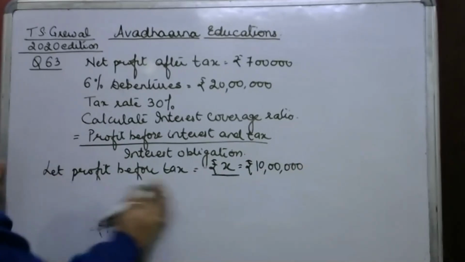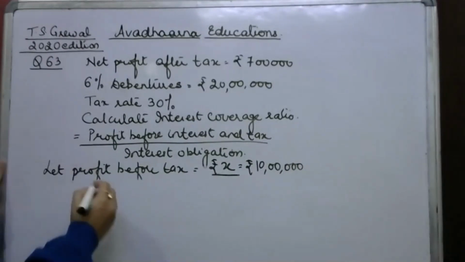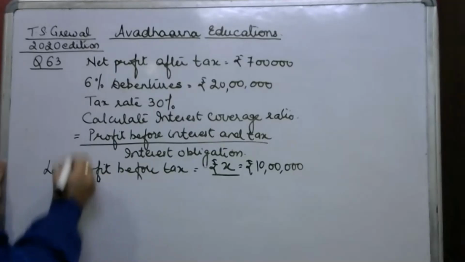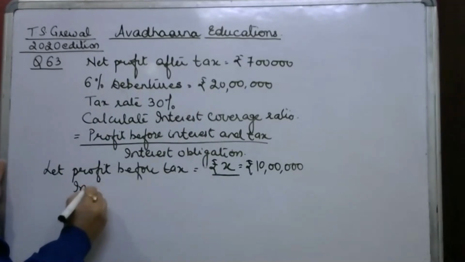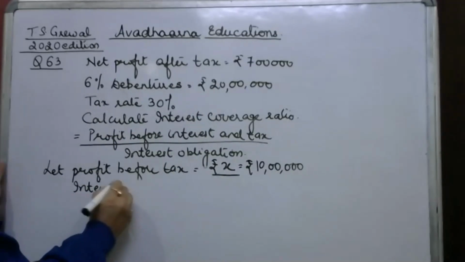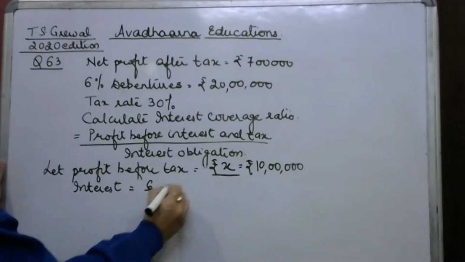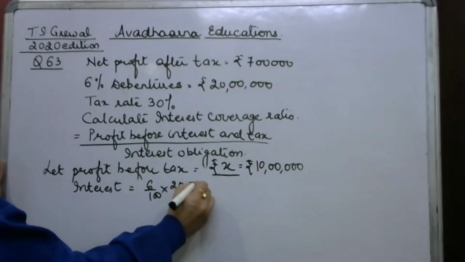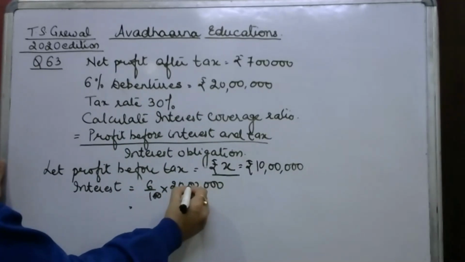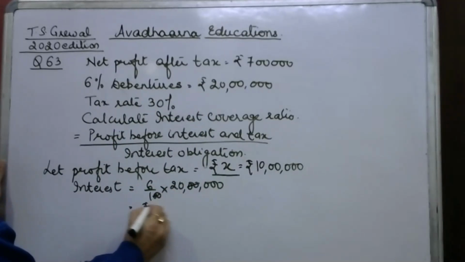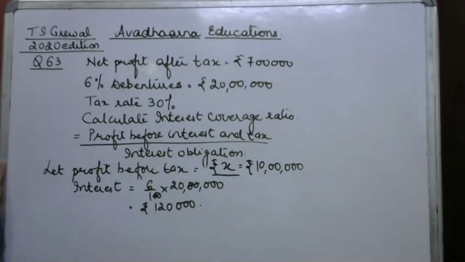Now interest calculated on your long-term loans will be 6% debentures है बेटा, 20 lakh के हैं, so interest obligation would be 6% of 20 lakhs, and 6% of 20 lakh, if we calculate, we'll get rupees 1,20,000.